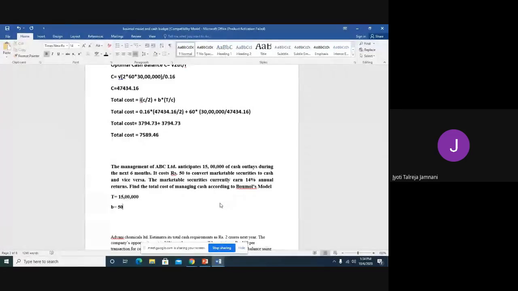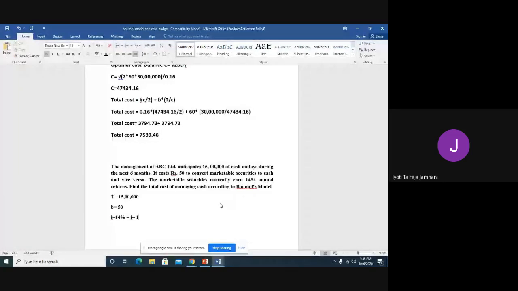50 rupees. And the marketable securities currently earn 14% return. So what is 14%? I. Now you remember I told you to keep that 6 months in mind. So now we are going to use that 6 months here. I is given for the full year, but the cash requirement is given only for 6 months. So we cannot take I for the full year. We have to convert I also to 6 months. So how will we convert I to 6 months?